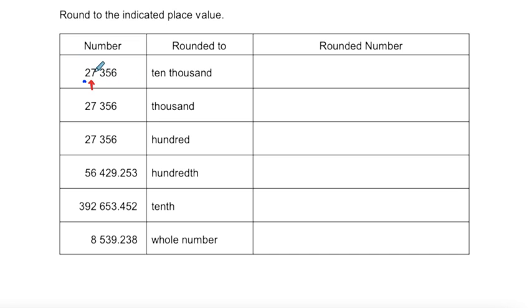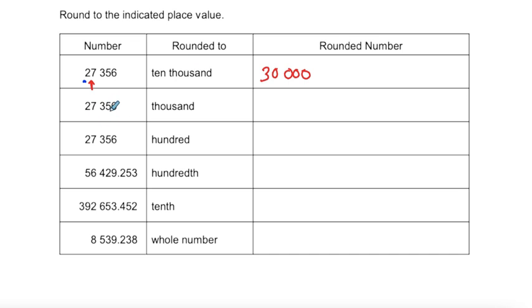Because our 7 is larger than 5, then we have to bump up our 2 to a 3. So it becomes 3, and then we put zeros in all of the places after that number. So it becomes 30,000.